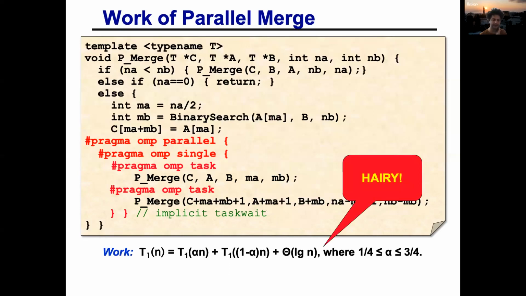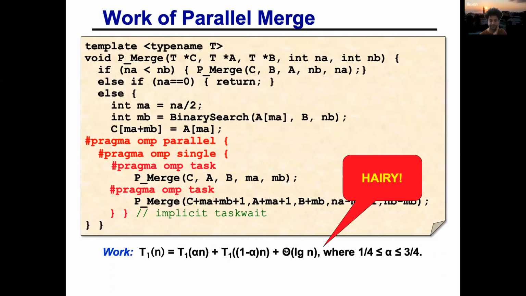Now, sorry, the work bound is a little hairy because I'm creating 2 subproblems, and I don't really know where they fall. All I can say is there is an alpha such that the 2 problems are at most unbalanced by a factor of 3.